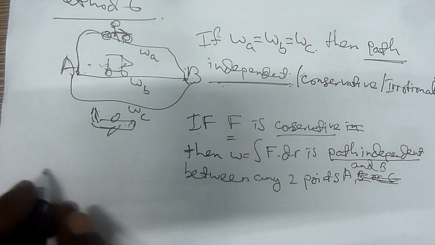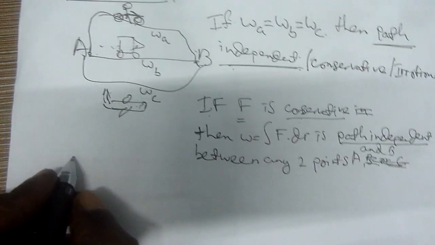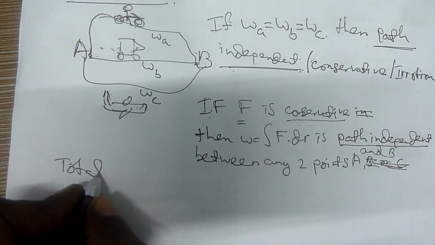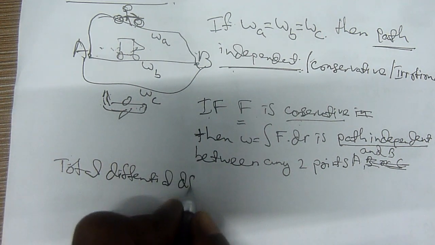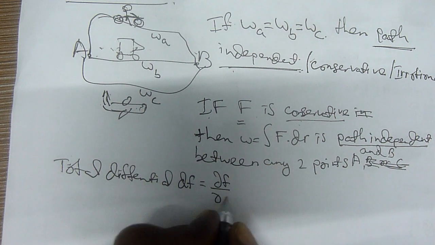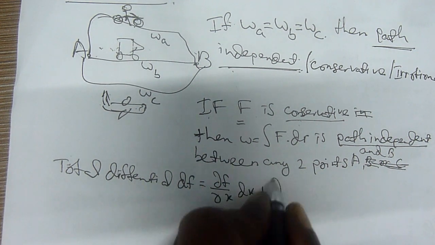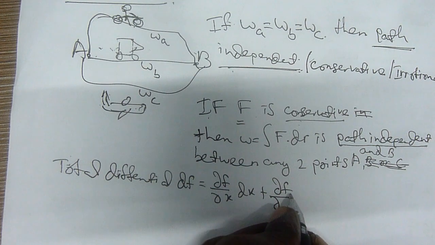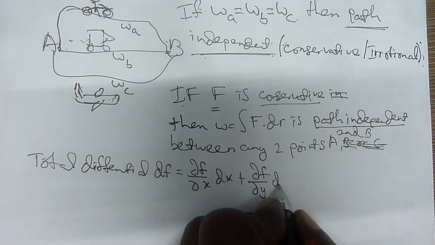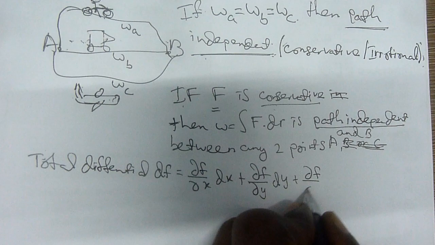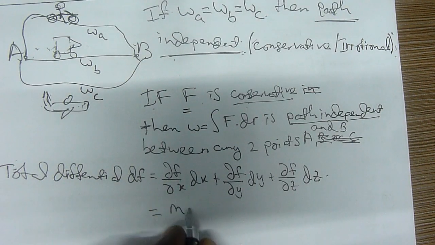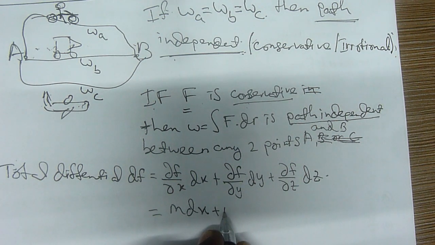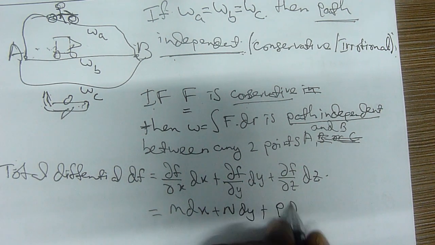Previously we learned the total differential. The df can be defined as del f del x dx plus del f del y dy plus del f del z dz, which we can say is M dx plus N dy plus P dz.